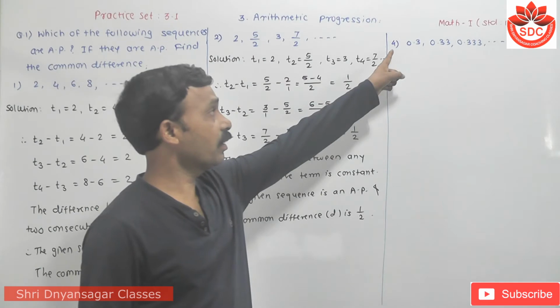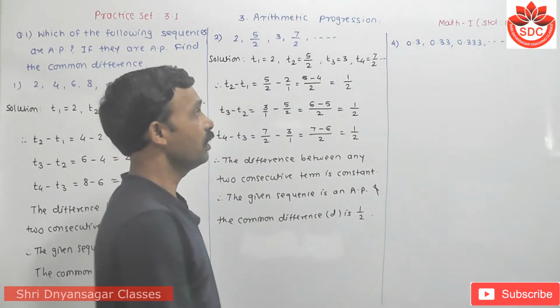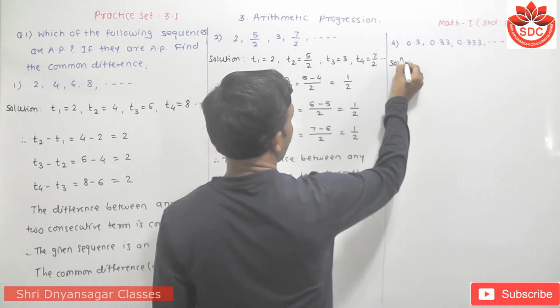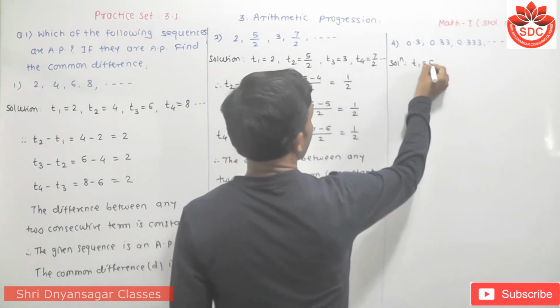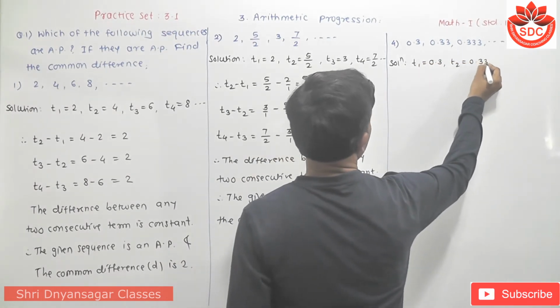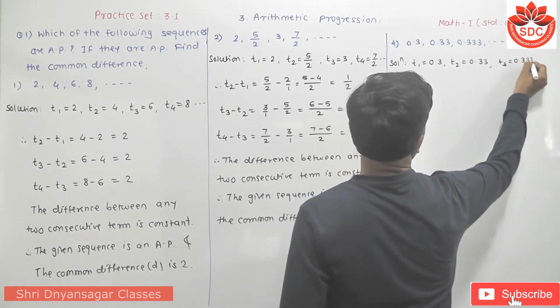Now student, I have taken question number 4. You have to solve question 3 at home. Then sub question number 4, here is the solution. T1 is equal to 0.3, T2 is equal to 0.33, T3 is equal to 0.333 and so on.